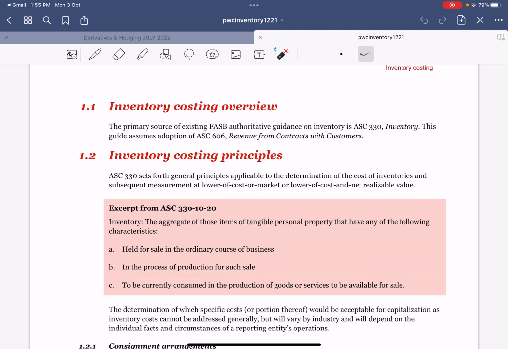ASC 330 sets forth general principles related to determination of cost of inventory. In simple terms, the cost of inventory is simply historical cost, and we determine it at the end of the reporting period: net realizable value or cost, whichever is lower. What is included in cost is a different thing. Subsequent measurement is lower of cost or market value, or lower of cost or net realizable value.